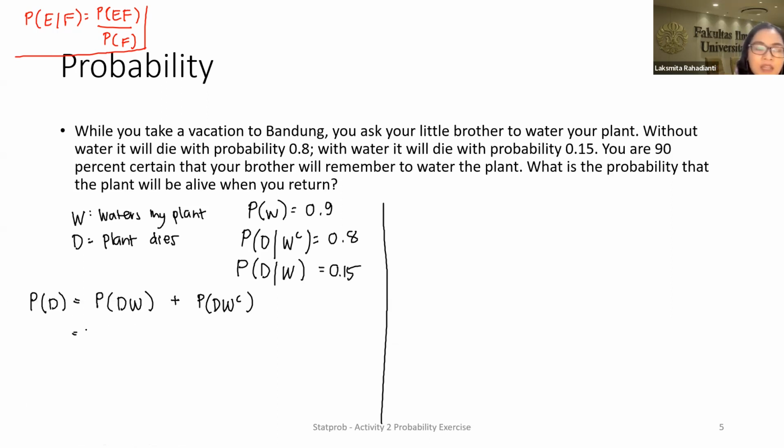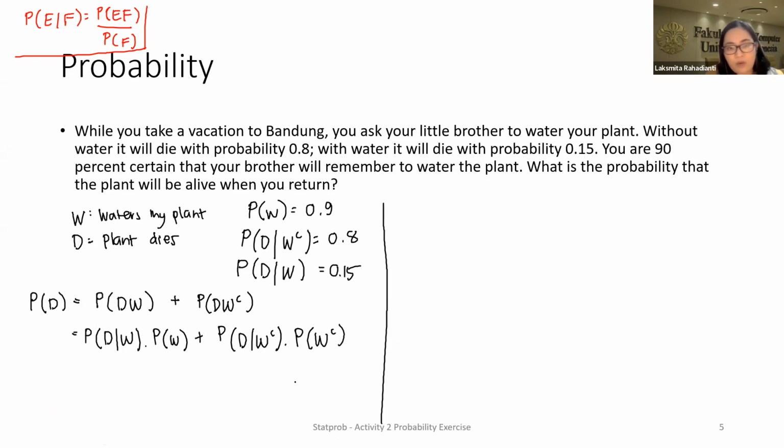So we can then compute the probability of my plant dying given that it is watered times the probability that it is watered, plus the probability that it dies given it was not watered times the probability of it not getting watered. So first of all, we know the probability of getting watered.